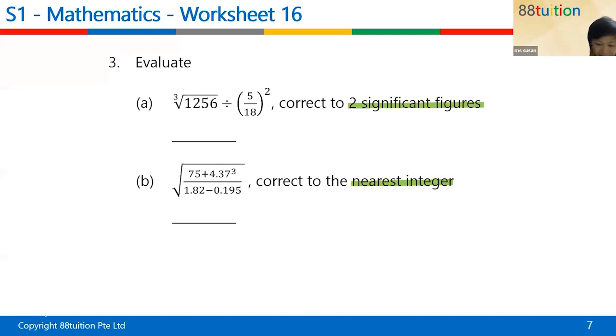Actually, calculator you don't need. You just have to key in. Okay, or in fact, if we see if we got time. Okay, use calculator. So you have a cube root of 1256. Then you must divide by 5 over 18. Okay, and then you have to square the fraction. Do you get 139 something? Okay, can you type your answer for those who have done? Yeah, I want to see what is your response here.